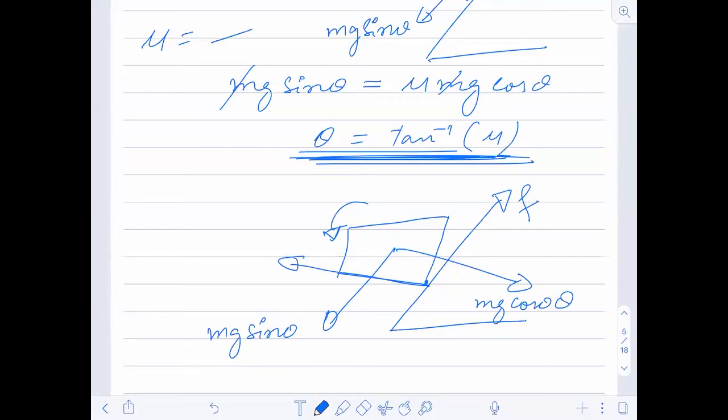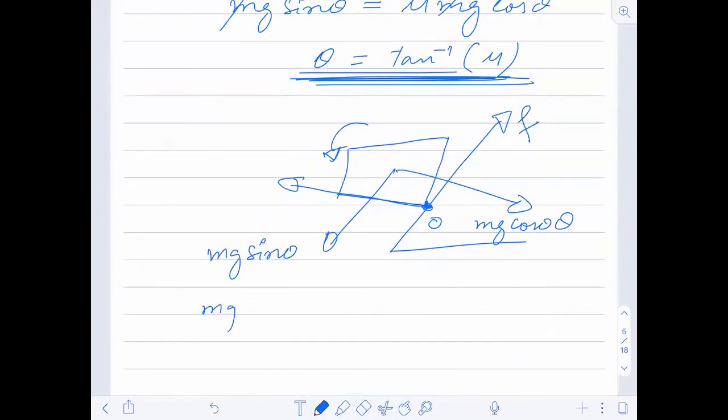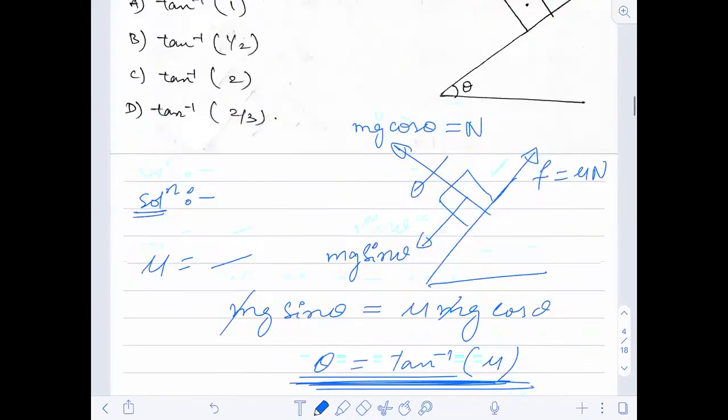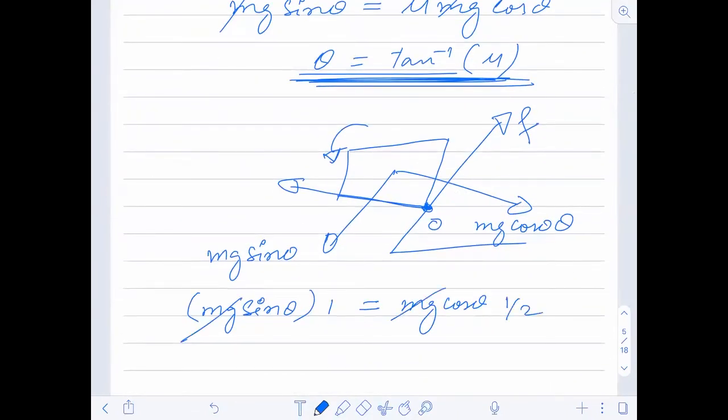Now you have to equate the torque about the point O. The height is 2 meters, so mg sin theta times 1 equals mg cos theta times, with half-width 1, 1 by 2. mg gets cancelled, and I get tan theta equals 1 by 2.